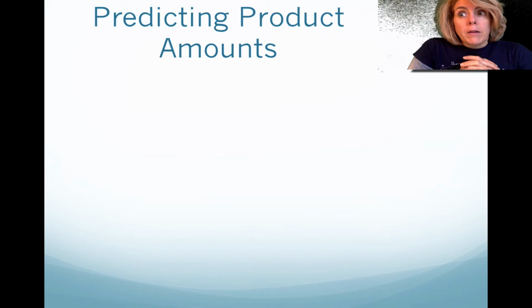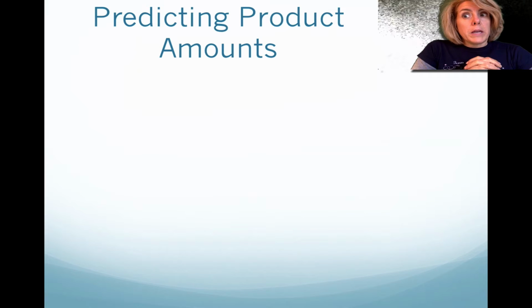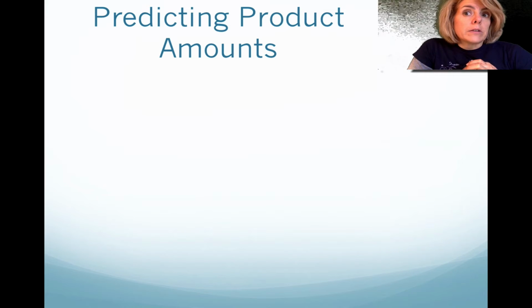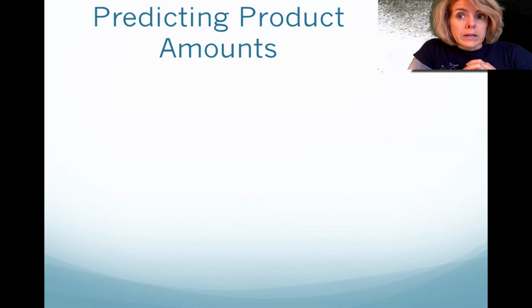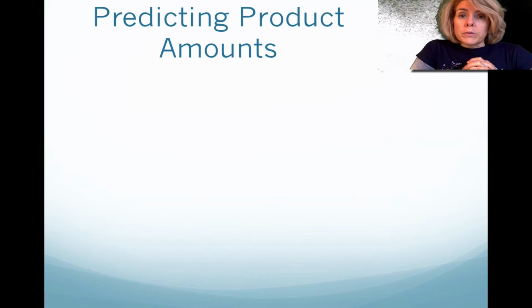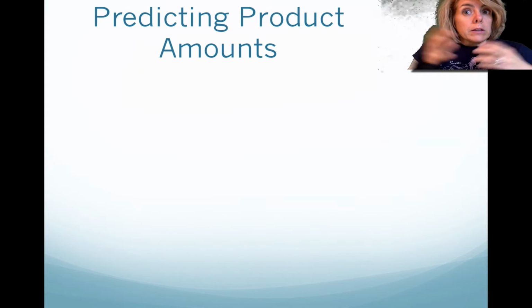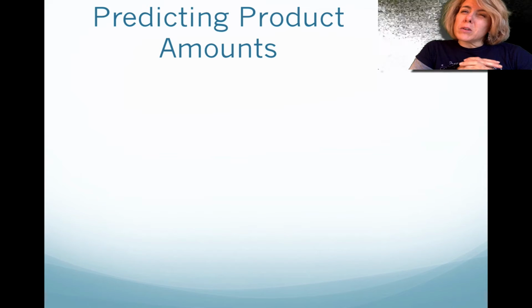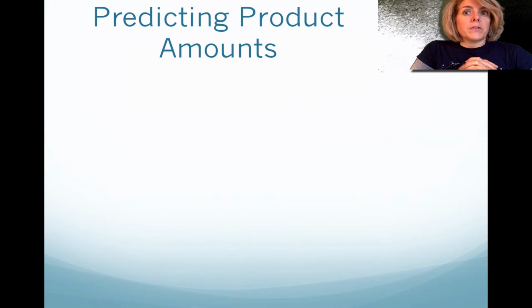If you were a pharmacist and you were trying to make a drug, you would want to know how much product, how much medicine are you going to make based on your starting materials. And chemists all around the world do that all the time. So they're essentially predicting the amount of products. So if you were baking cookies, you would want to know how many dozen cookies are you going to get out of the starting materials with butter, sugar, eggs, flour.